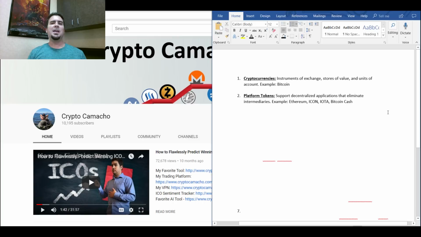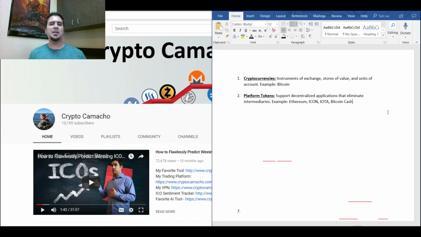Number two is platform tokens. And I often like to talk about platform tokens because I think there's a lot of value and a lot of power in platform tokens, okay? The most widely known platform token out there in the market today is Ethereum by far, right? We've seen an enormous explosion of ICOs, of different types of assets being popped up because of the Ethereum platform, right?